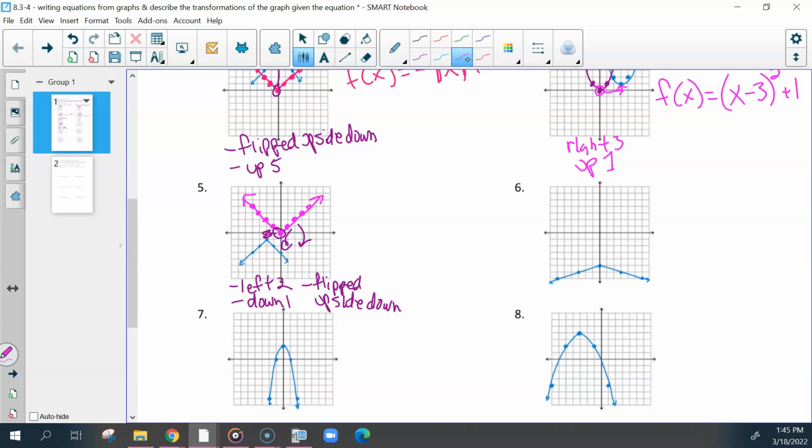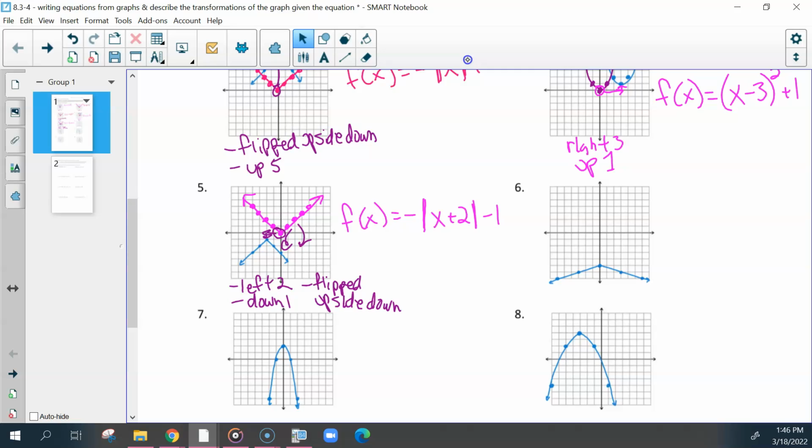So this should be, if I'm thinking about my transformations correctly, f of x. It's flipped upside down. That's a vertical transformation, so that would be outside. Moving left would be inside, but it needs to be the opposite, so that would be x plus 2. Moving down 1 would be outside, and that'd be a minus 1.